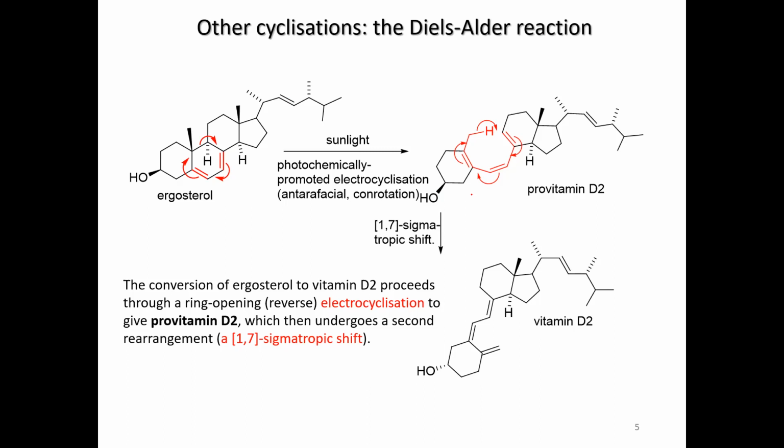Diels-Alder is one of those reactions that, like the cross-coupling reactions, works specifically only with the diene and with the dienophile, no matter what else is on each side of the molecule. If you have that diene and that dienophile, they will join and form the cycle.